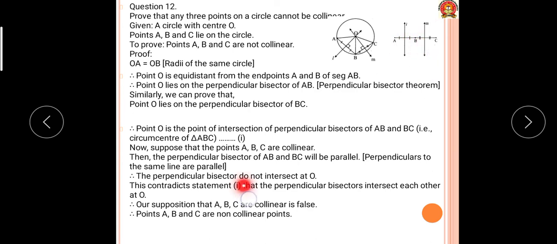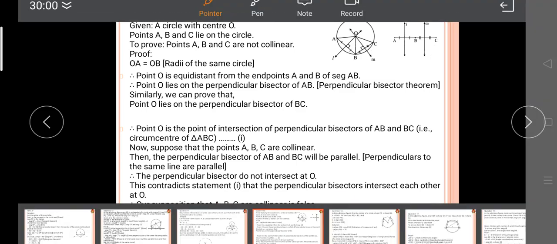The perpendicular bisectors do not intersect at point O. Here does it intersect at point O? No. And there is a construction statement that the perpendicular bisectors intersect at point O. And therefore it is opposed to our assumption, and therefore the statement that points A, B, C are collinear is false. And that's why it is proved that points A, B, C are non-collinear.